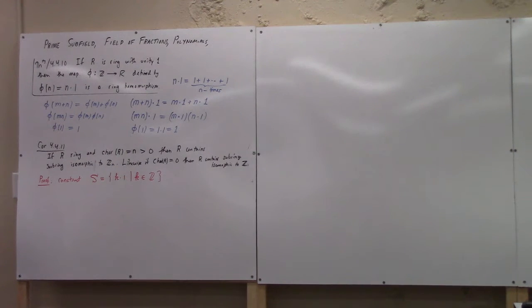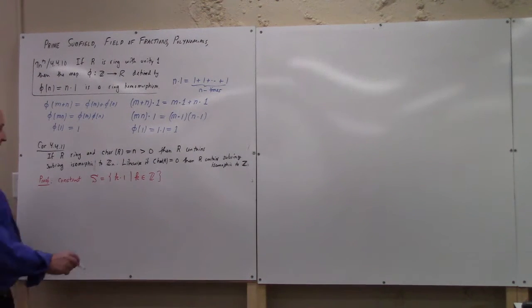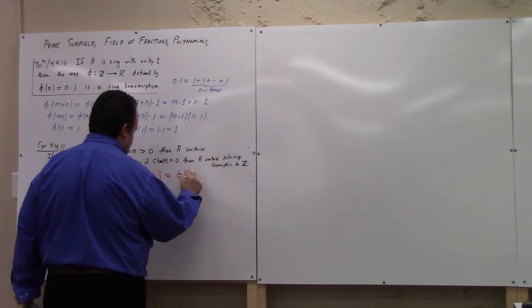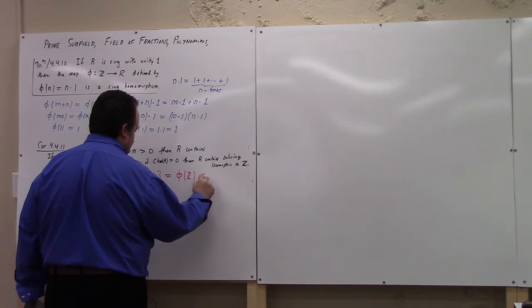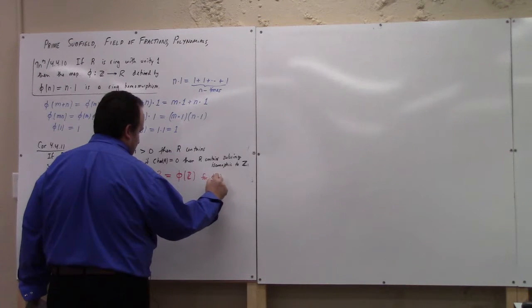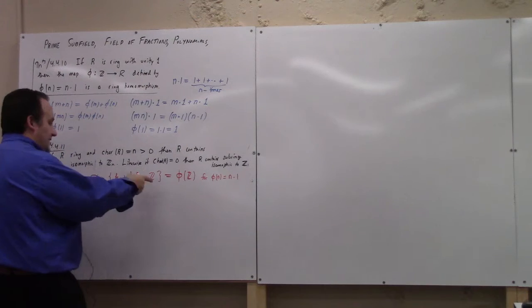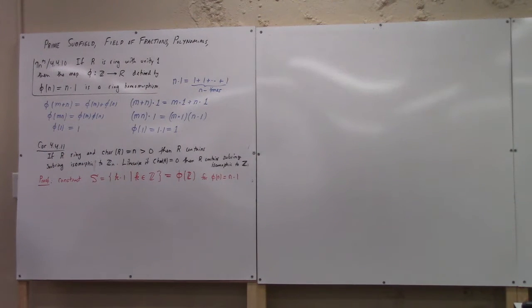So if you look at that, and you look at theorem 4.4.10, what is that? Well, that's the image, right? This is exactly phi of Z for phi of n equal to n times 1. It's the range of the homomorphism from theorem 4.4.10.